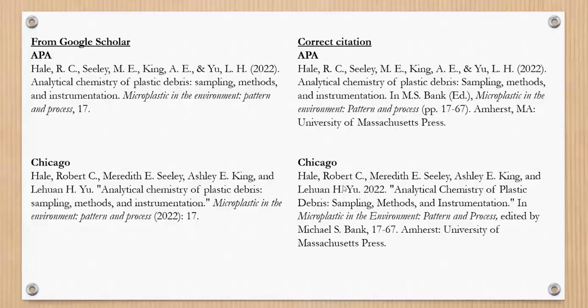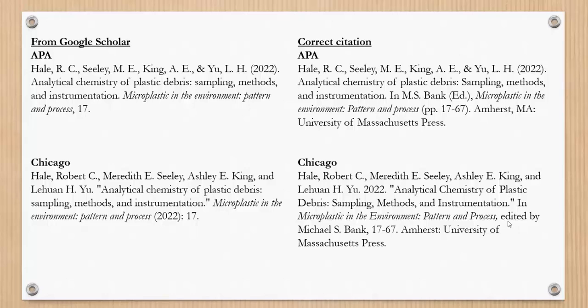For Chicago, I have to do major correction again. For a chapter in a book, Chicago includes the author's first name and then the date of publication of the book, the chapter title in quotation marks and capitalized with every major word in the title being capitalized. Chicago also says that this chapter is in this book title, properly capitalized.